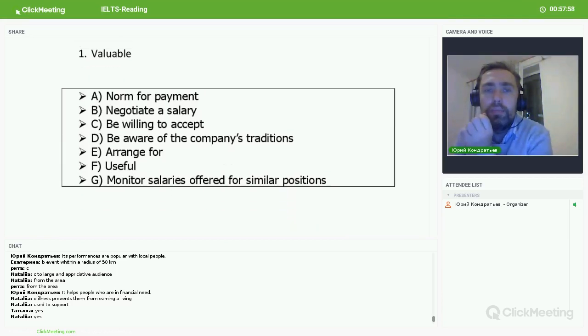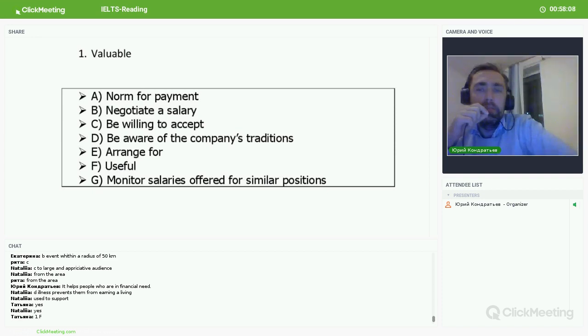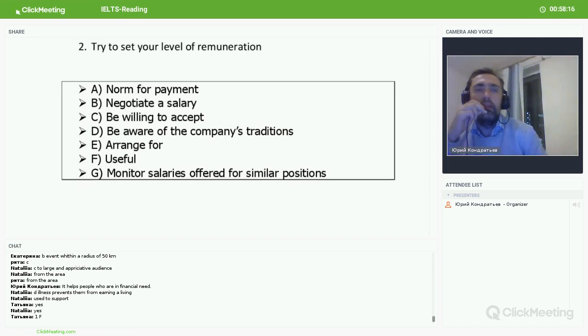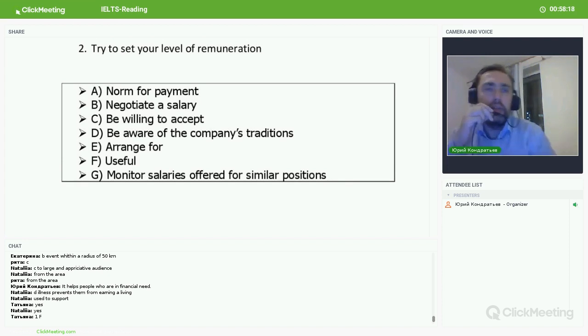So again, you have a word and several options. So please find the best synonym for this. Write a letter and a number and a letter. Valuable and F, useful. Okay. Then try to set your level of remuneration. Remuneration, that's salary, a synonym for salary.